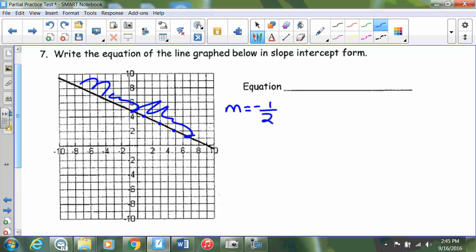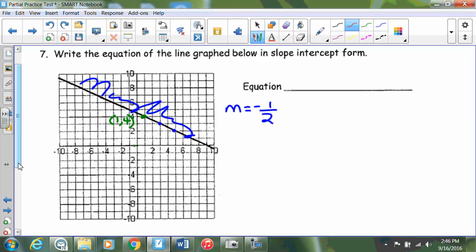And then we're going to pick a point. So let's remind ourselves what the names of these points are. To get to this point from the origin, I go over 1 on x, and I go up 1, 2, 3, 4. So the name of this point is 1, 4.